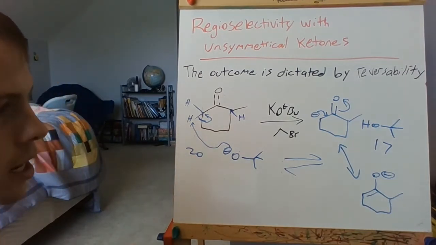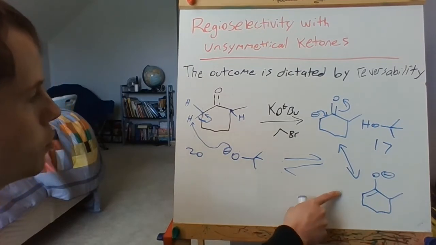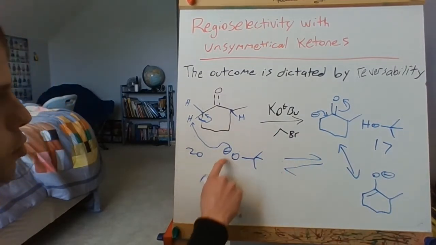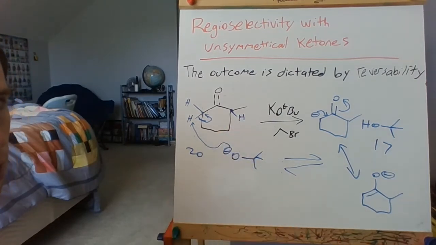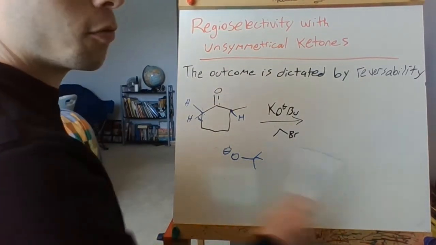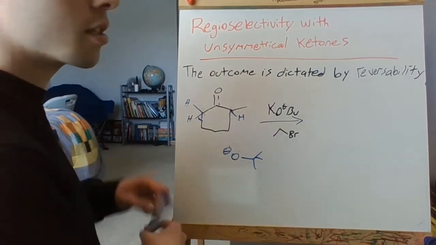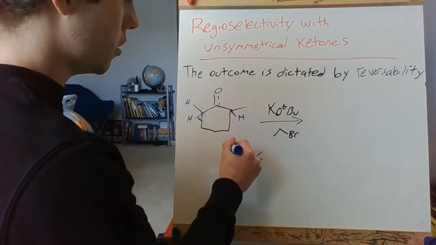And so it's not that stable. And since this is reversible, we're able to go back to this point, and eventually we deprotonate this carbon and we generate the more stable enolate. So remember, this reaction is reversible. It's going back and forth, back and forth between reactants and products. And so eventually we get to the more stable enolate.